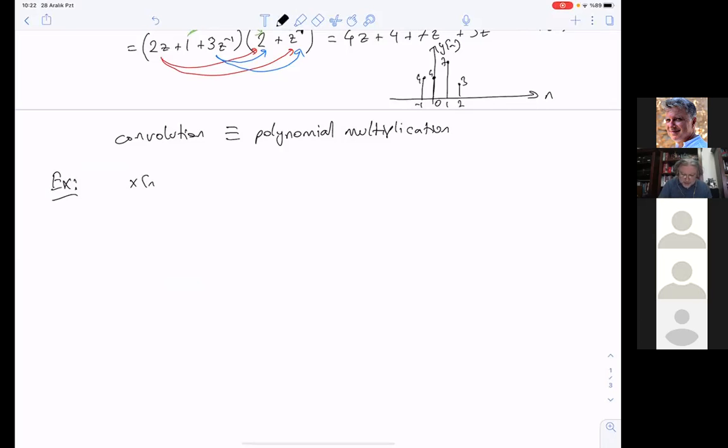Let's say that x of n is equal to a to the n u of n. And the question is, what is the Z transform?